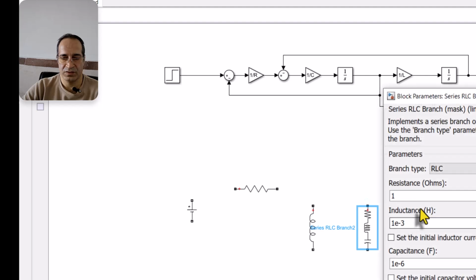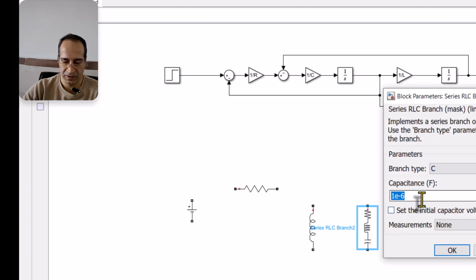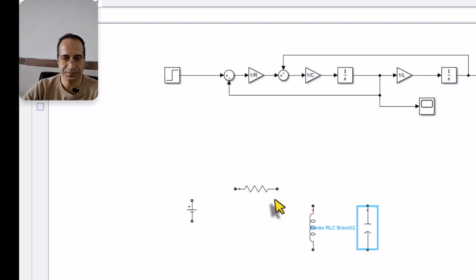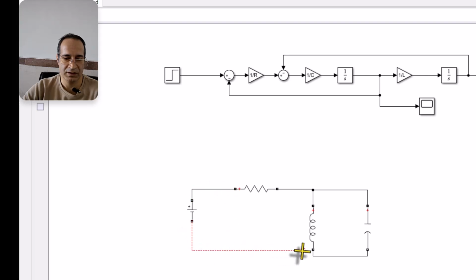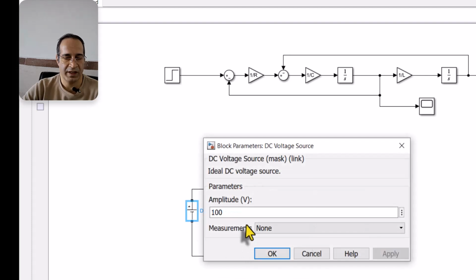And change this to C, just capacitor, and this parameter is C. I'm going to connect this together, and they are connected here. This is connected to this part, and this is connected to this part. That's all.